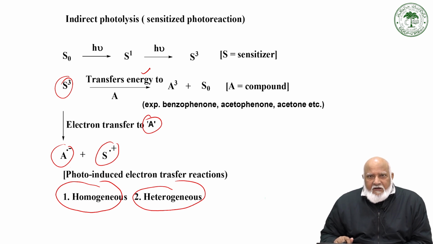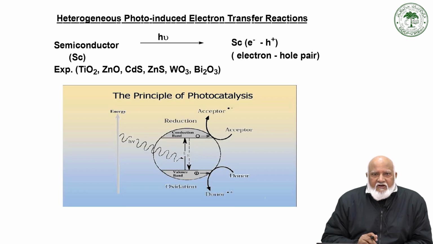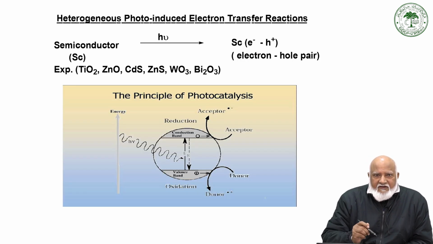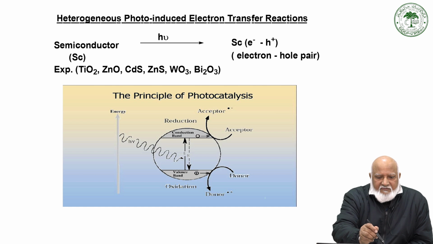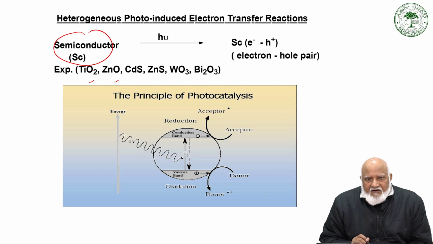One representative example of this heterogeneous photoinduced electron transfer reaction is shown over here. It is a heterogeneous semiconductor such as titanium dioxide, cadmium sulfide, zinc oxide, and so on. So these are a few semiconducting materials.